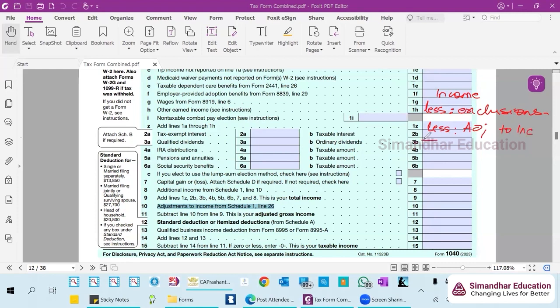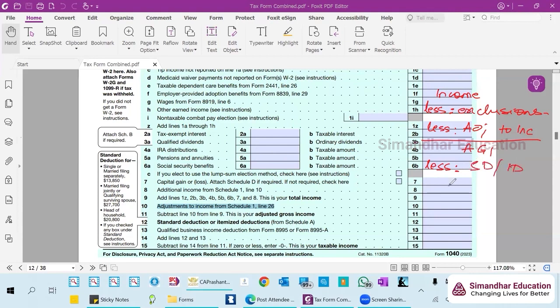After adjusted gross income, we will get qualified business income. Just go back, you're jumping one step ahead. Before that, we have the standard deduction or itemized deductions.